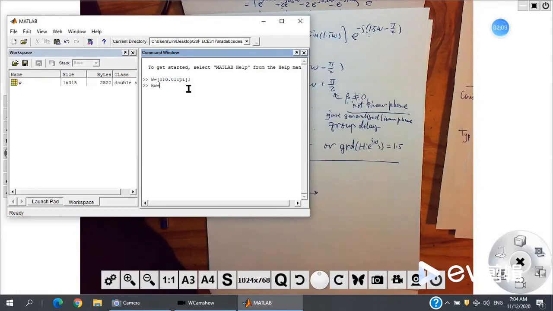HR equals 4 times sine of 0.5 times omega, plus 2 times sine of 1.5 times omega.